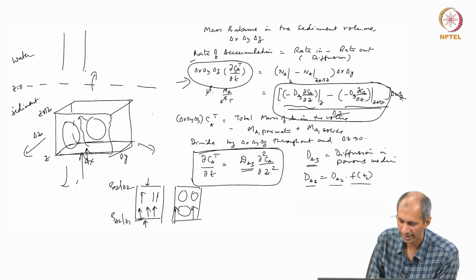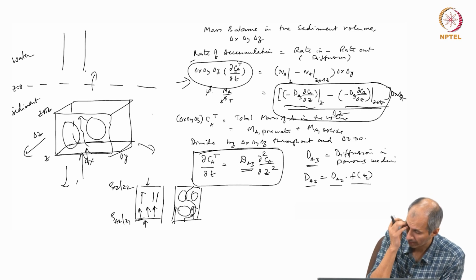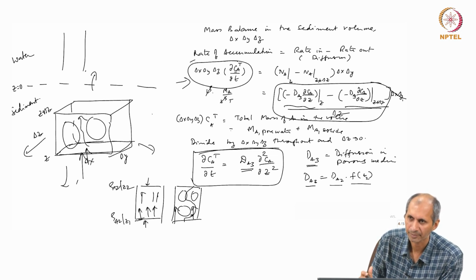That is one. Second, if it goes here, it will turn, it has to diffuse in this direction, it has to go like this. It takes longer for it to go, less of it can go. Second thing is it takes longer even for that less, because it is not a straight path, it is a tortuous path.